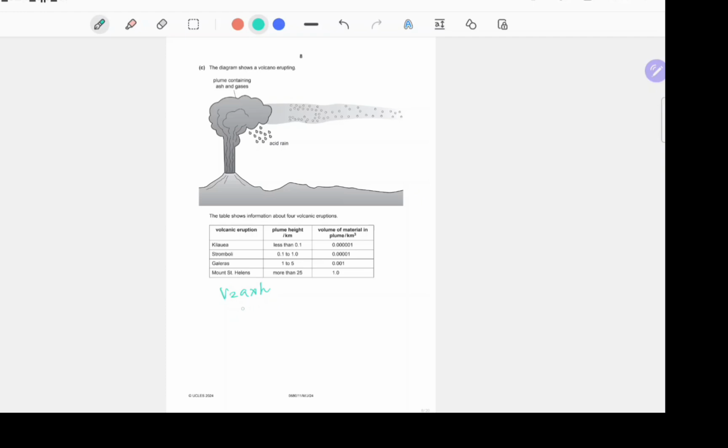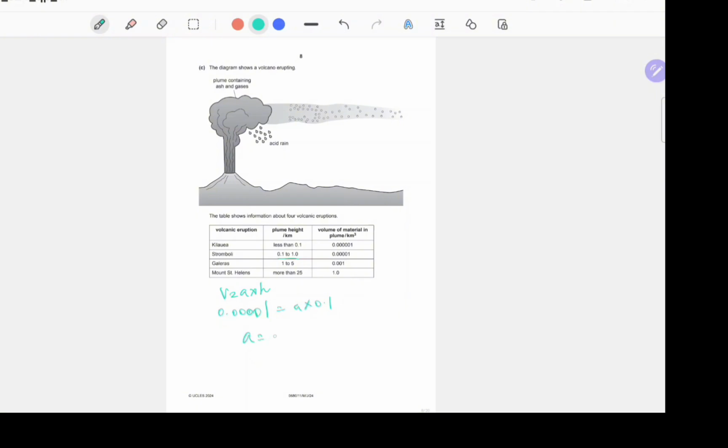For this part, Stromboli, I take the base one, the volume is 0.0004, I think four zeros. That equals area, which we have to find out, times height, which is 0.1 here.